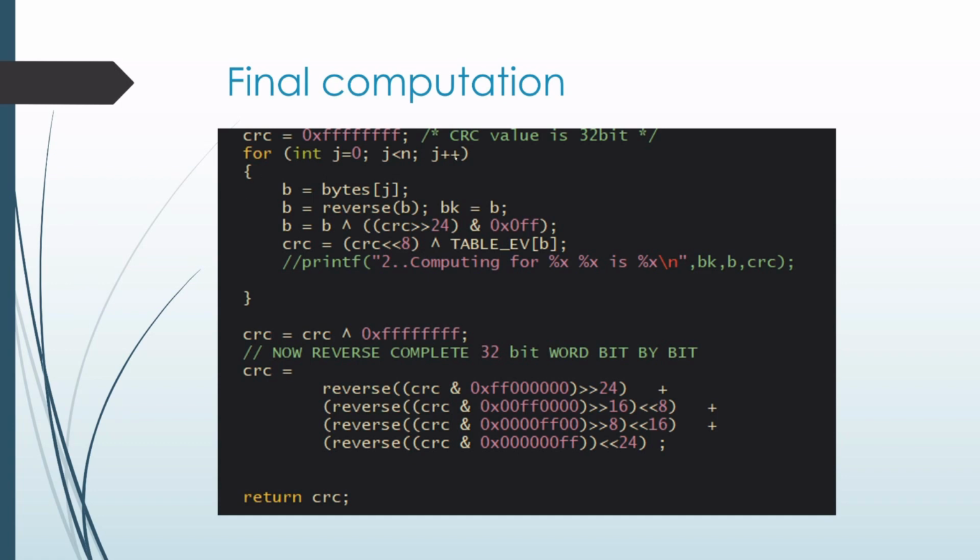That's what you do over the whole message till it's all done. At the end, you invert all the bits and then reverse the CRC to get the final CRC. But this is all just convention, and you can probably ignore it for now. The most important thing, in terms of the division and the actual math, which is very interesting, is happening right here.